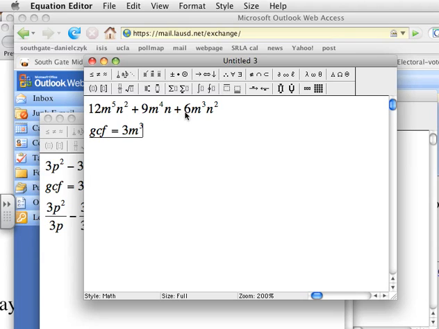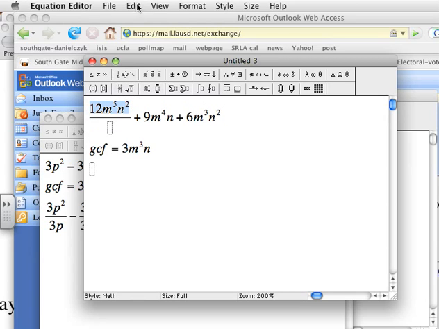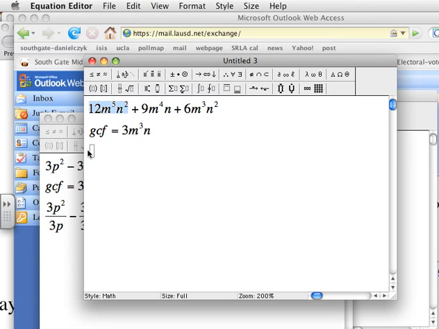I see n in all 3 terms, so I'll type n. And the lowest exponent I see here, well, there isn't an exponent at all. It must be 1. So now I could type 1 or I could just leave it blank. I think I'll just leave it blank. Okay, so now what I want to do is type in each term and divide by my greatest common factor.